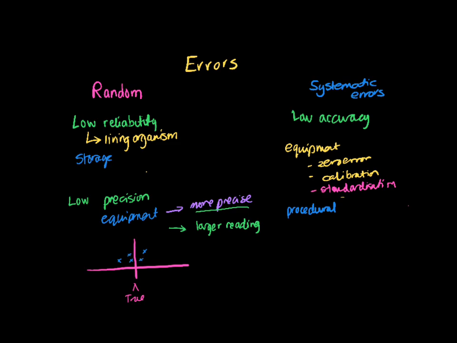But the more you repeat, the closer your average is going to get to the true average. Whereas if you have a systematic error, you will have your true value, but because all of them are going to be affected in the same direction, no matter how many readings you take, they're going to cluster around an average that is transposed away from the true value.